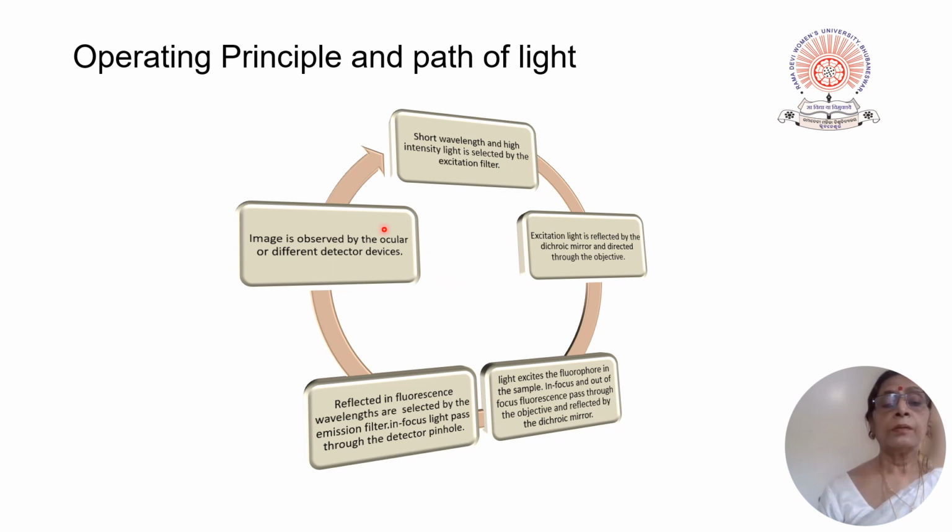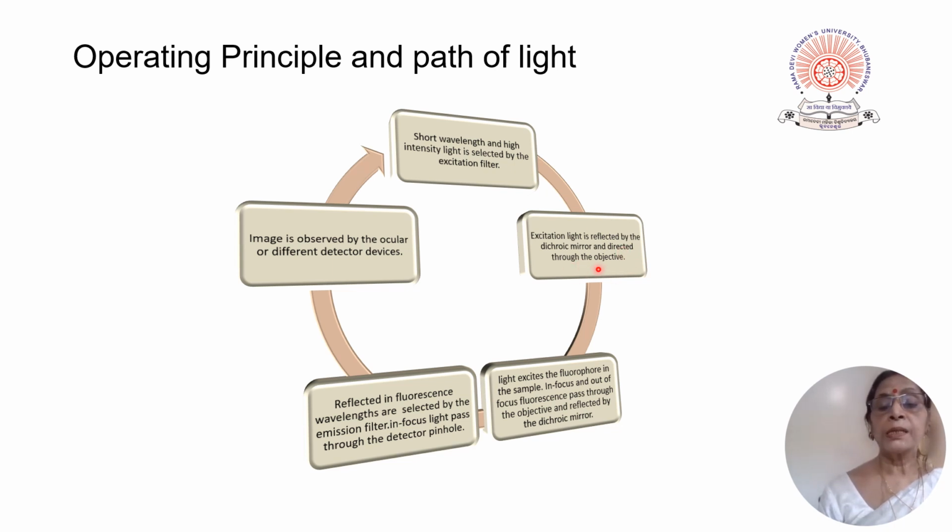This is the operating principle and path of light of a fluorescence microscope. Short wavelength light of high intensity is selected by the excitation filter, and after that it falls on the dichromatic beam splitter. The dichromatic beam splitter selects certain wavelengths which will excite the fluorophore and directs those wavelengths to the objective.